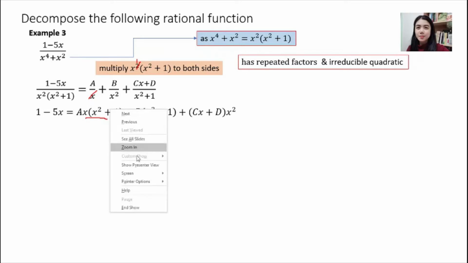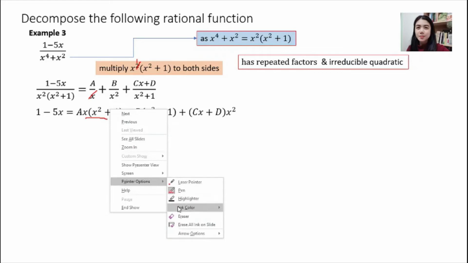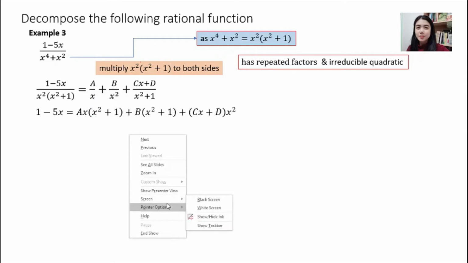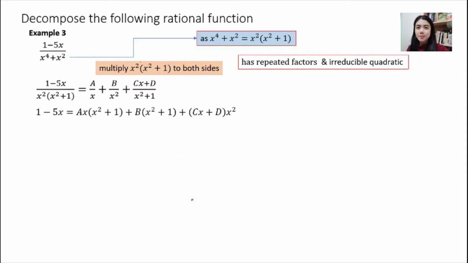And then go for the second fraction that we see here. We're going to repeat the process all over again. So when you multiply this with the denominator, you can cancel, and the thing that remains is b and x squared plus 1. So that's why we have this.